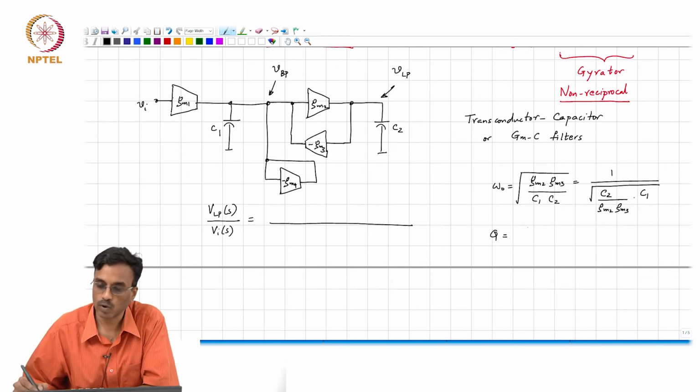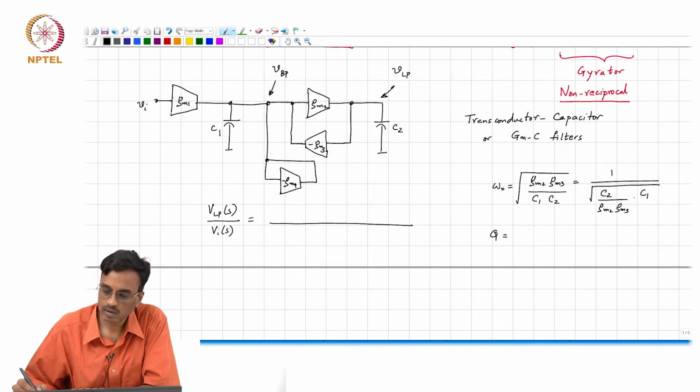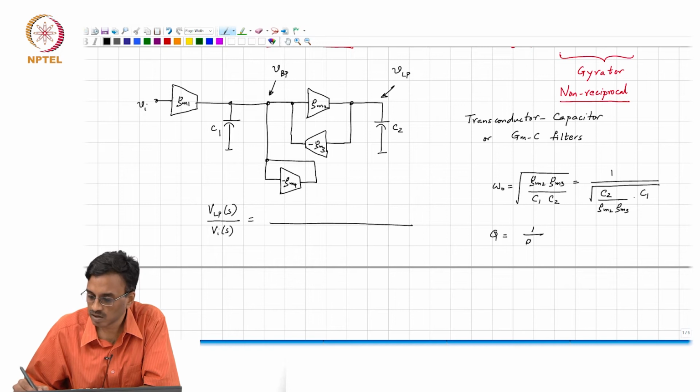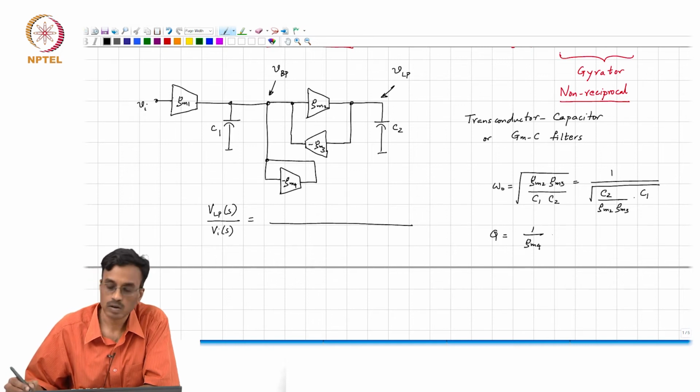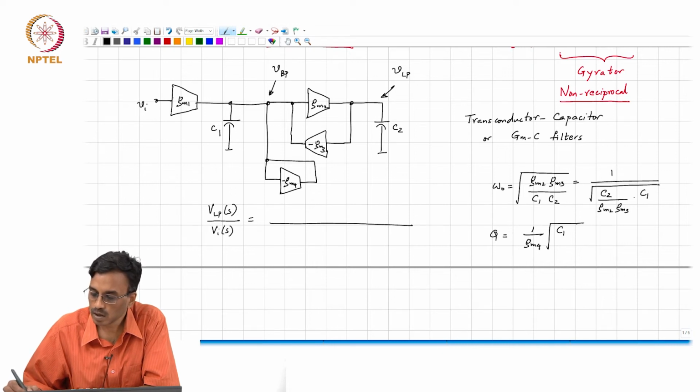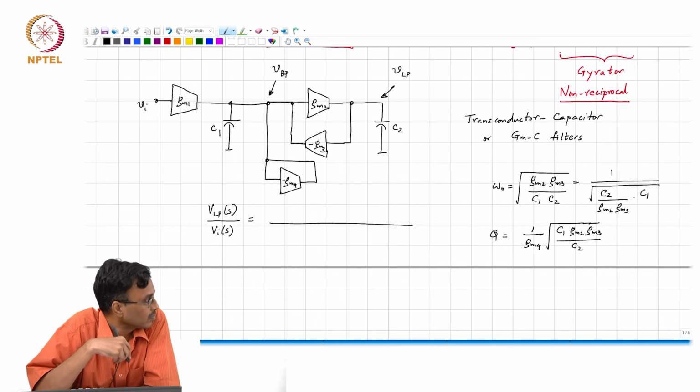Yes. So, coming in, what is the formula? 1 by GM4 square root C1 GM2 GM3 by, right, this seems at least dimensionally consistent.